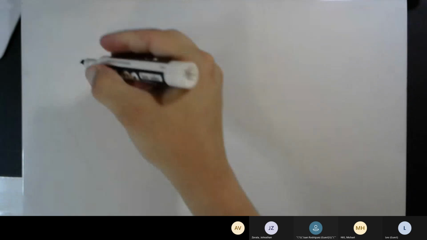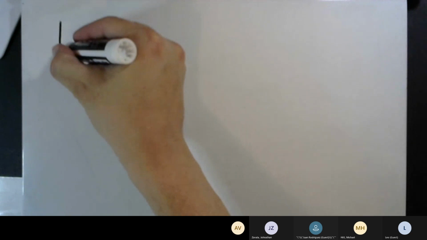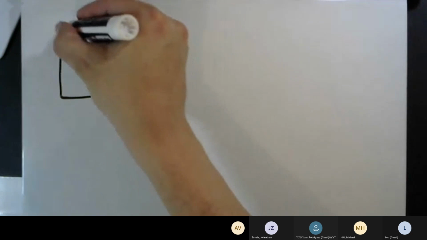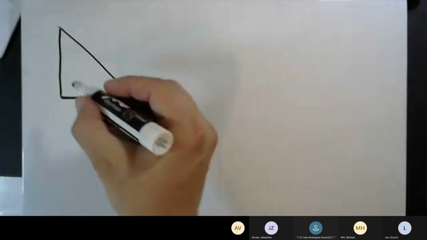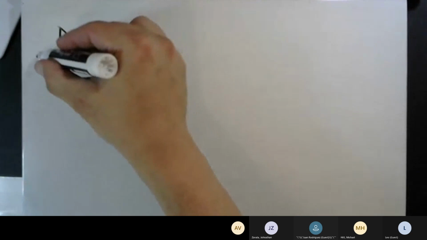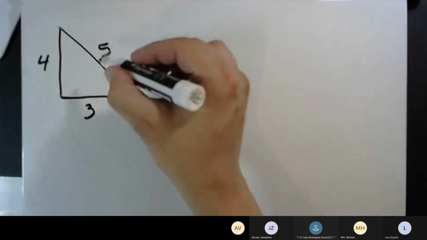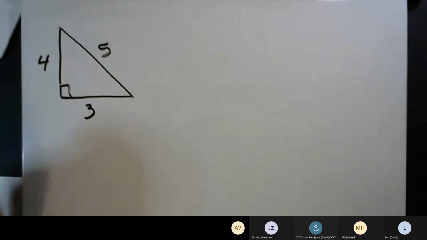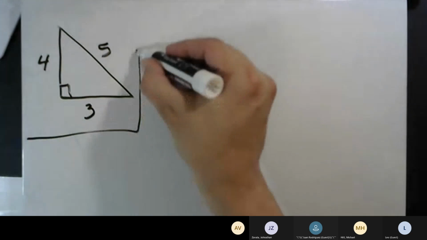There's one more. It's the 3, 4, 5. And again, it has to have that 90-degree angle.